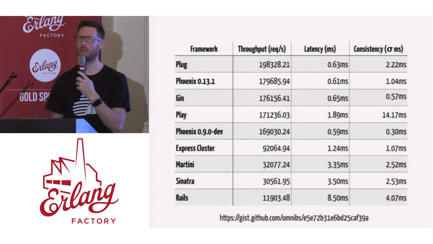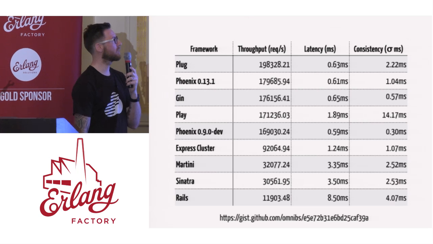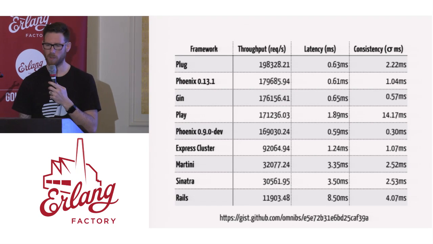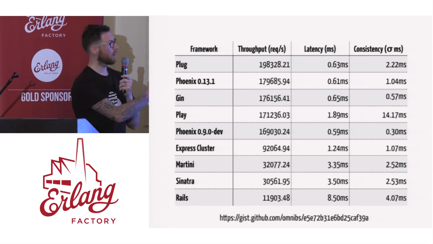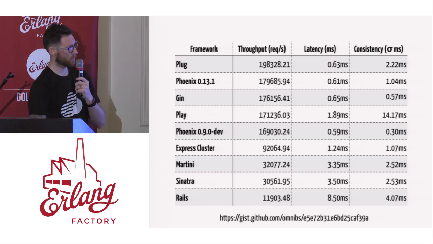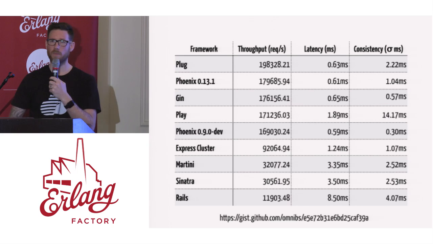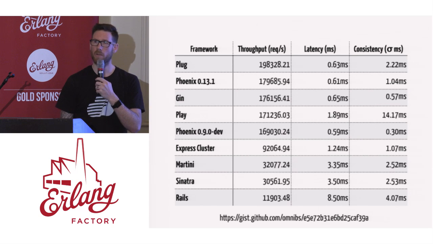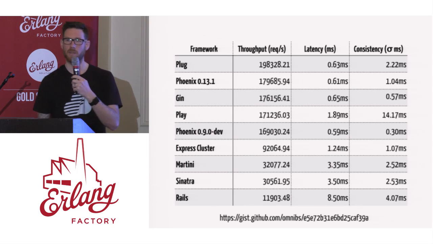It's probably been about a year since this benchmark took place, but it still is pretty relevant. As you can see here, this guy here, the gist is at the bottom, took a bunch of different frameworks and different services and tested out each one and benchmarked them against each other.